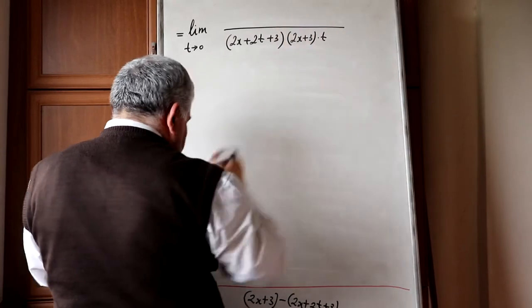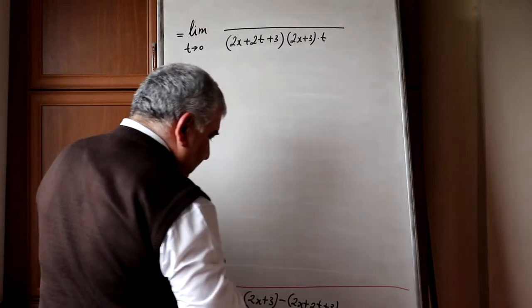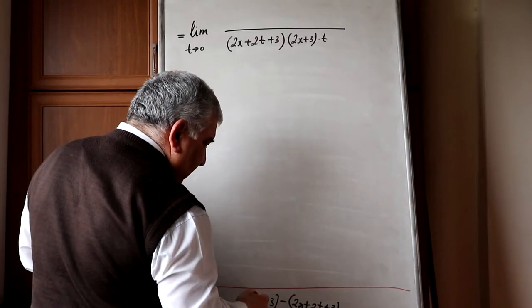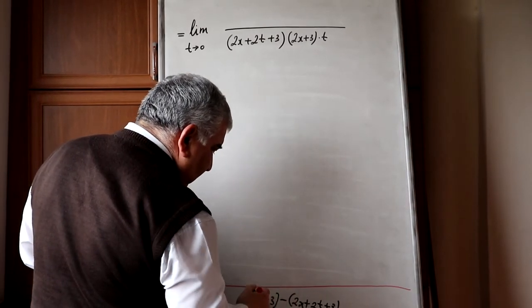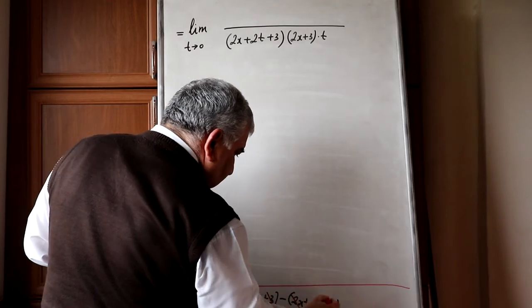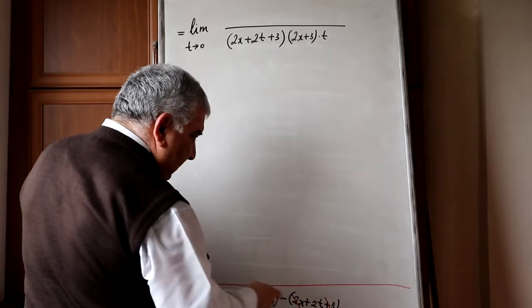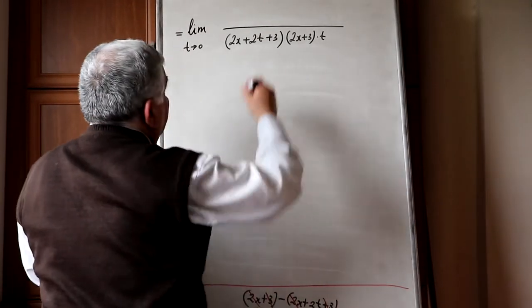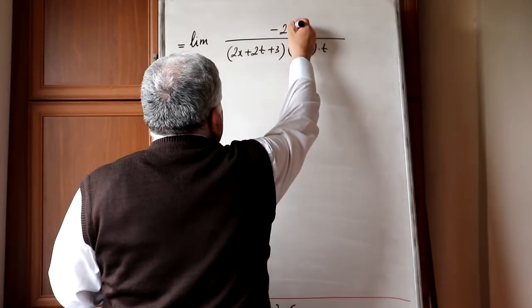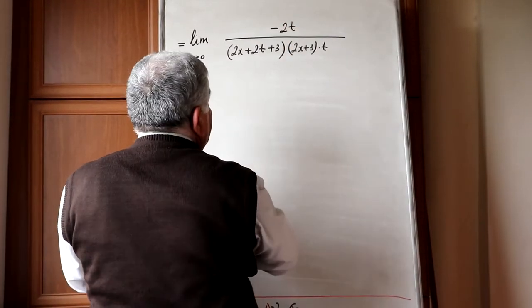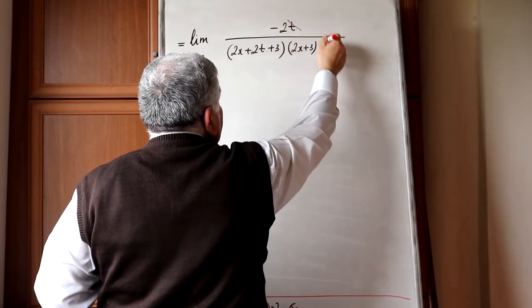Then here, 2x plus 3 are cancelled, and we have only minus 2t. Then we can simplify by t, numerator and denominator.